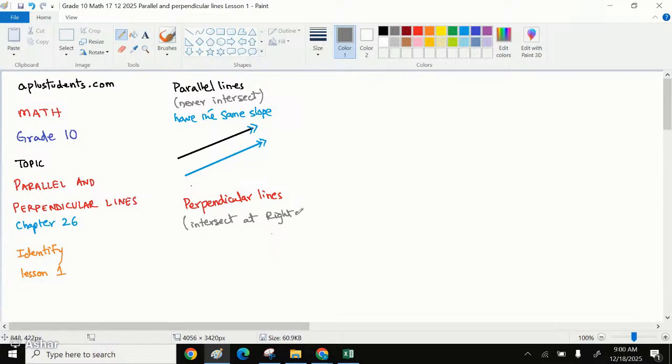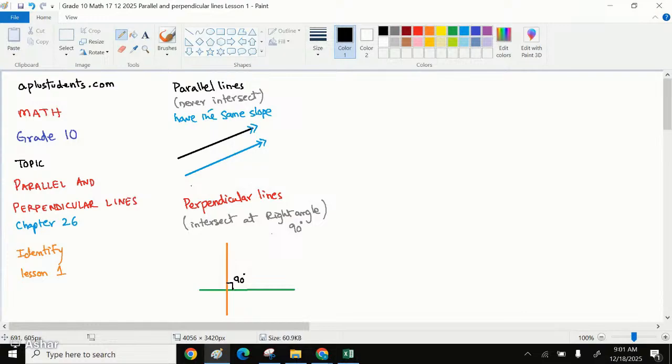A right angle is always 90 degrees. That means if we have two lines, like the first line, and another line, and these two lines are intersecting each other at right angles, that means they cut each other at 90 degrees, they are known as perpendicular lines.